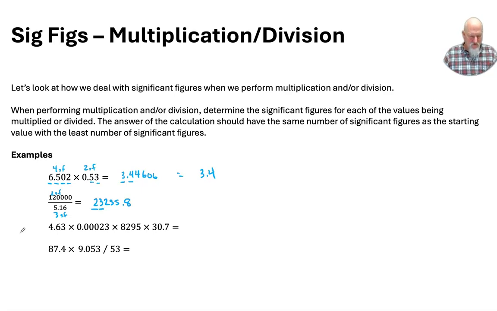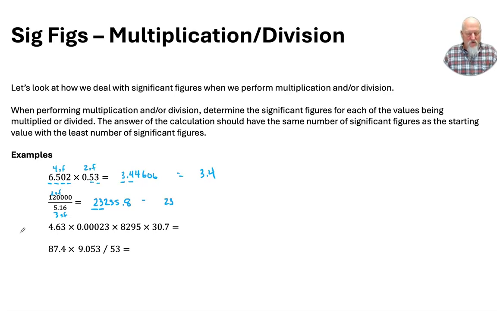So the 2 and the 3, we check the number after it. It's a 2, so we don't round that 3 up. Here's the thing, though. The value of this number is about 23,000. Okay, so we can't just write 23 as the answer, because that's a factor of 1,000 wrong.